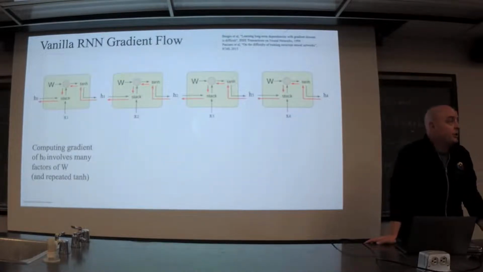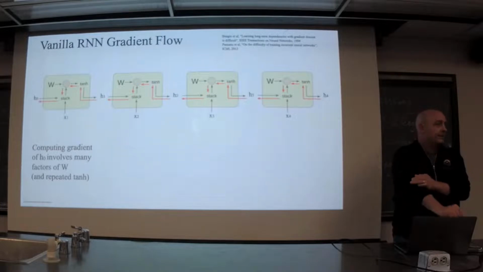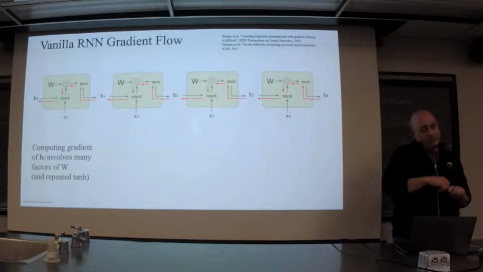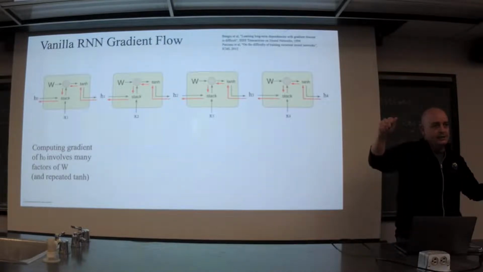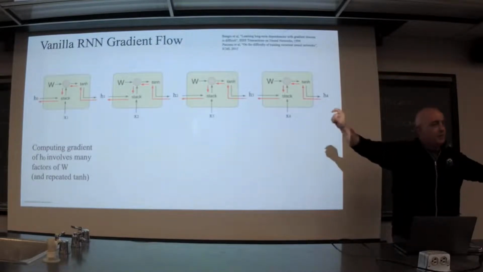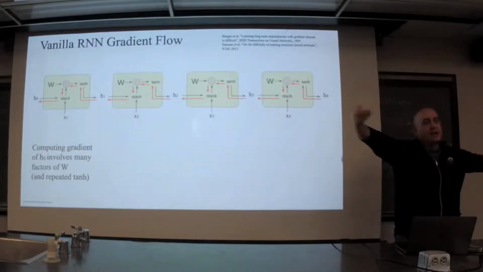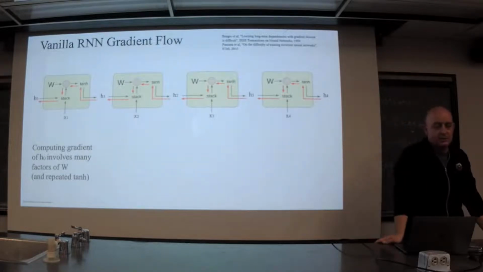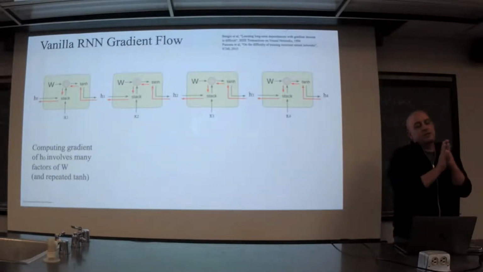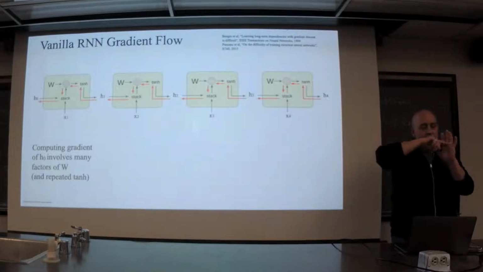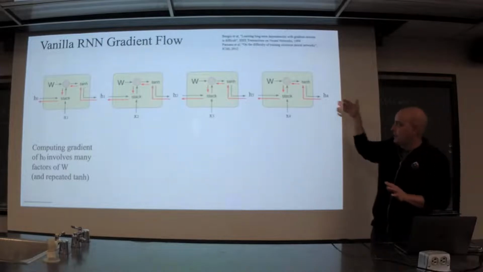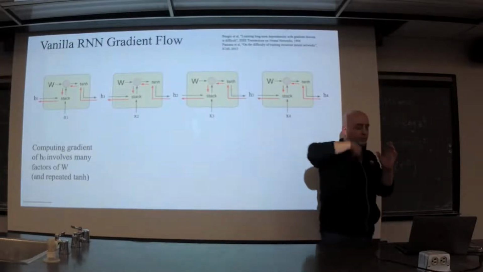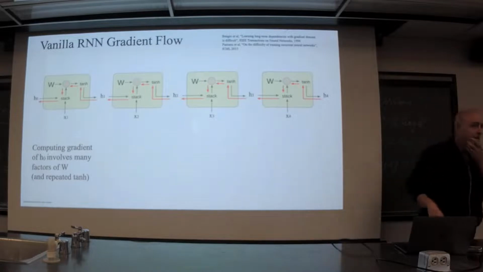We do have nonlinearities involved, which helps to break this up. But the nonlinearities can also make the problem worse in some sense, because in the saturated branches of the tanh you're dampening the gradient a lot. But if we imagine the parameters are such that we stay in the linear range of the tanh, then the forward pass is just multiplying by w over and over and over again.